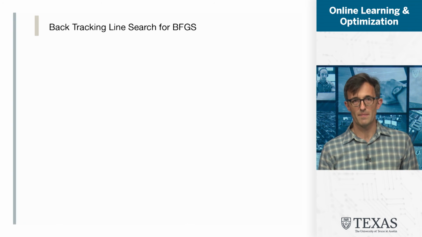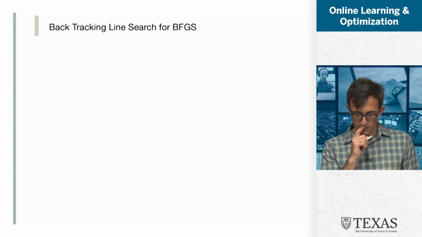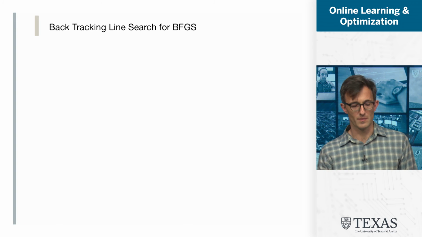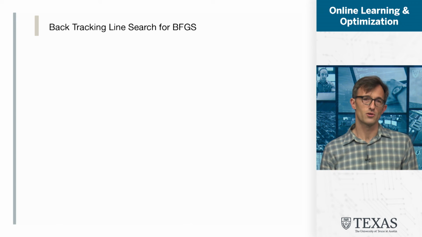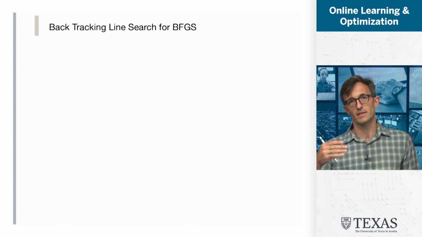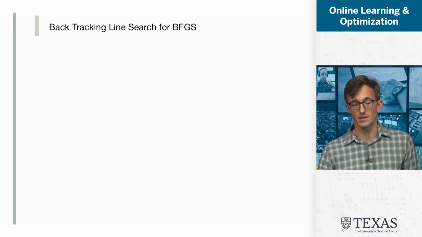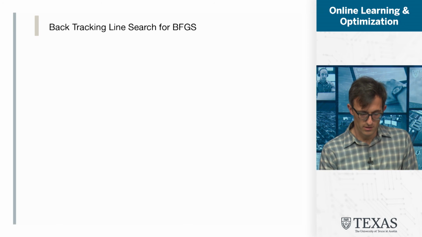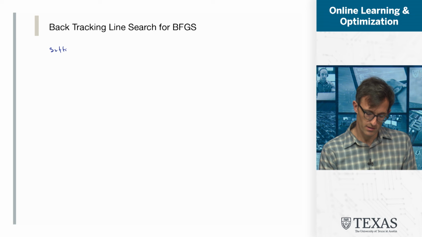We've talked about backtracking line search before. When we talked about it in the context of Newton's method, the backtracking line search we introduced, and this is a common one, just required that you take a step that sufficiently decreases the function. So we have a sufficient decrease condition, which says that f of xk plus eta k dk, you have your direction.